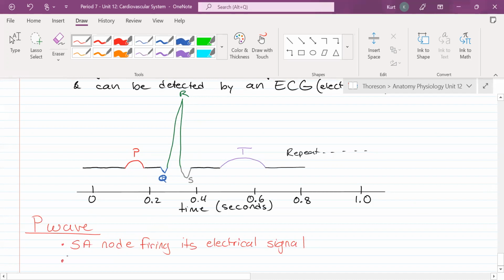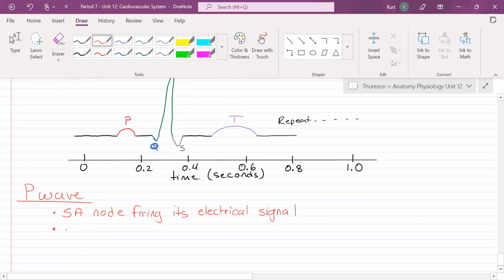What part of your heart tends to respond and contract when your SA node fires? Is it the atria or the ventricles? That is correct. So the atria contract. This typically lasts 0.01 seconds. 1/100th of a second. That's how fast it goes.